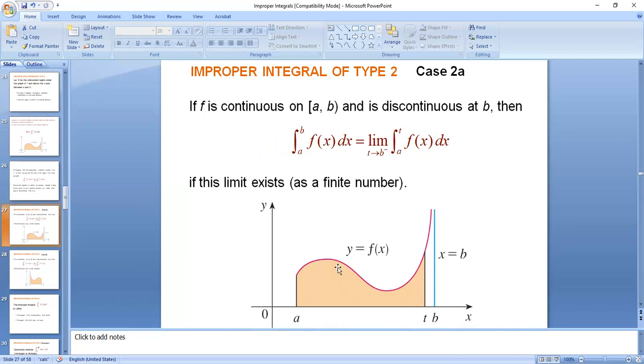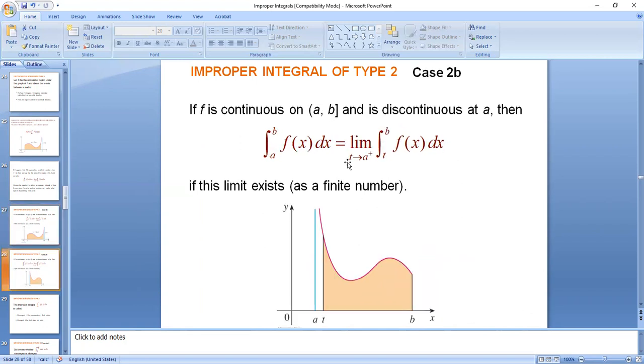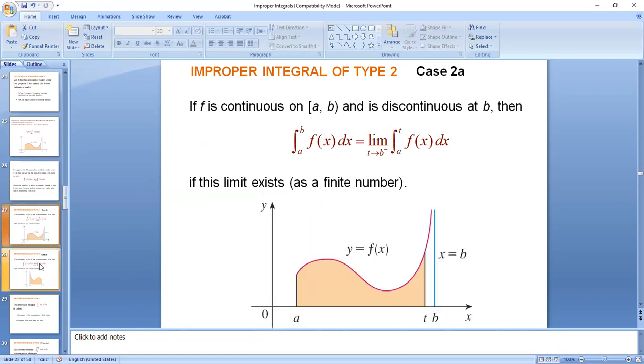So this is approach from the left, which explains why t approaches b raised to a negative sign. And this one is t approaching a from the right because a is raised to a positive sign. So this is case 2b. In any of these cases, what is common is that they have an infinite discontinuity on the designated interval, which is being approached but never equal to.